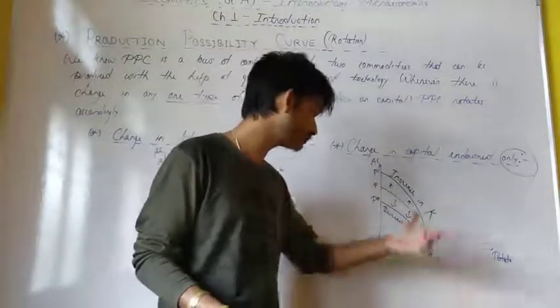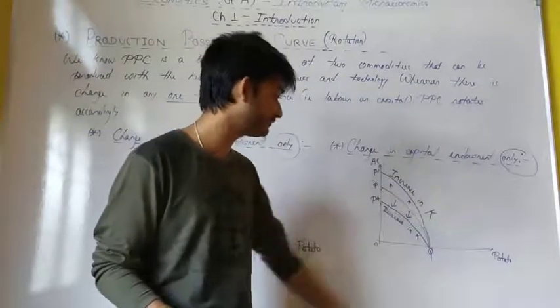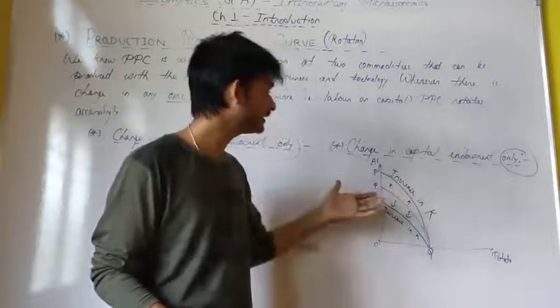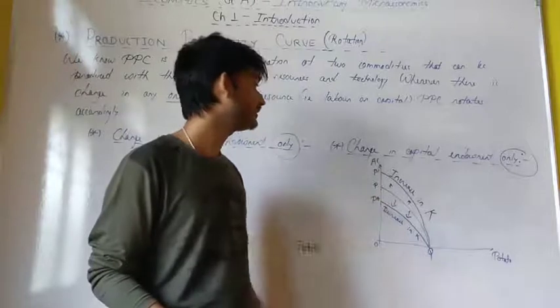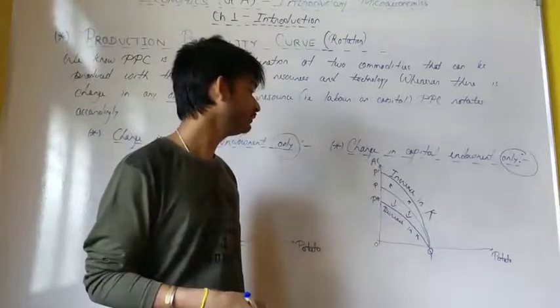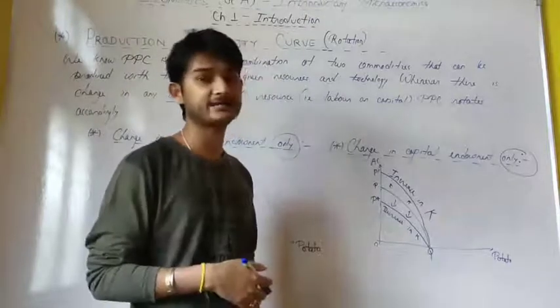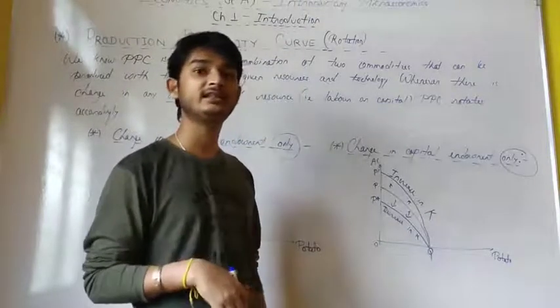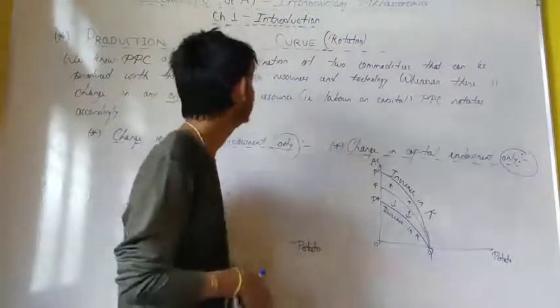Hence the production of the labor intensive item remains the same, and only the production of the capital intensive item AC fell down.